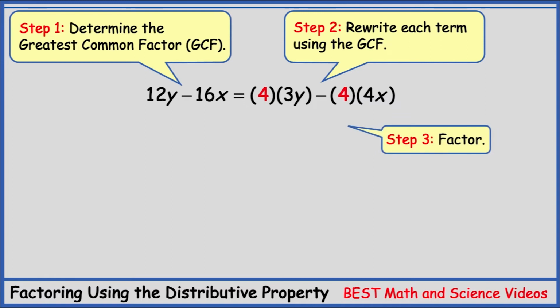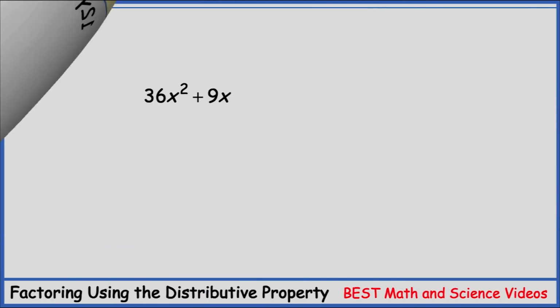Factor out the 4 and multiply it by the remaining parts grouped together. 3y minus 4x. Always be careful to use the correct sign. And that's your answer.